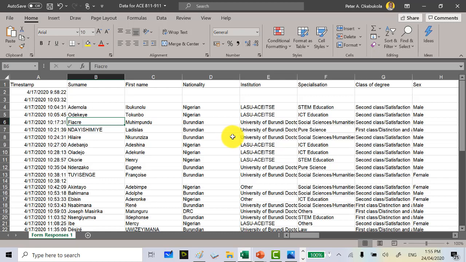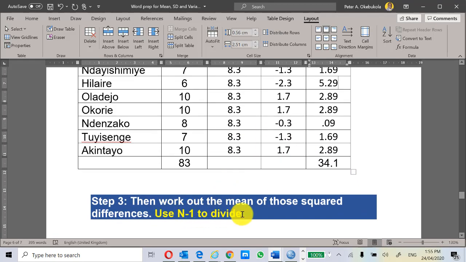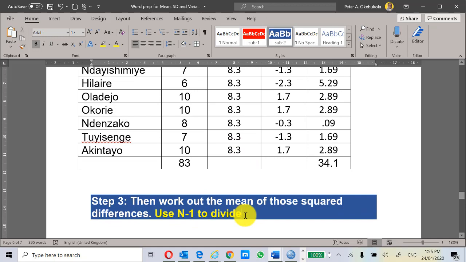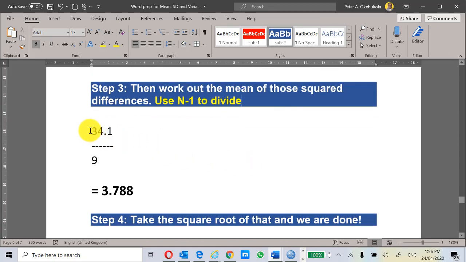But because it is a sample, we have to subtract 1 from it, so total number minus 1. You may want to ask why we use n minus 1 to divide. It's because the statisticians told us so. So 34.1 divided by 9, since 10 minus 1 is 9.